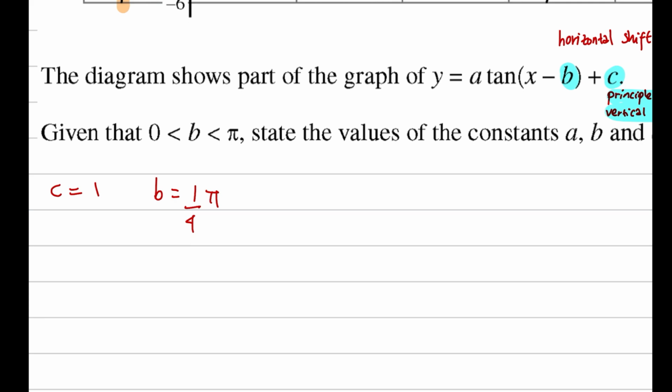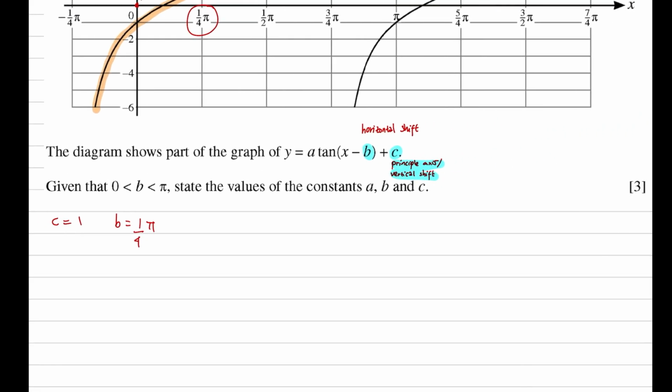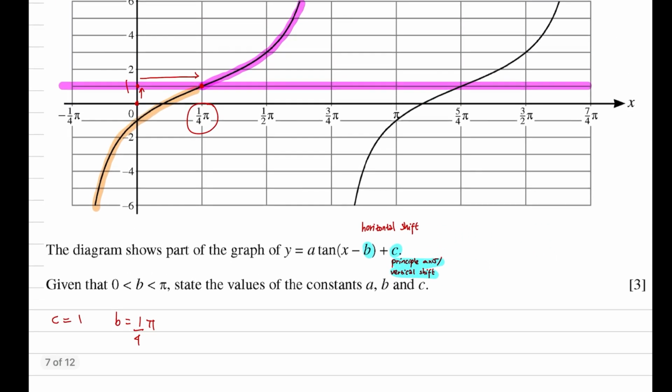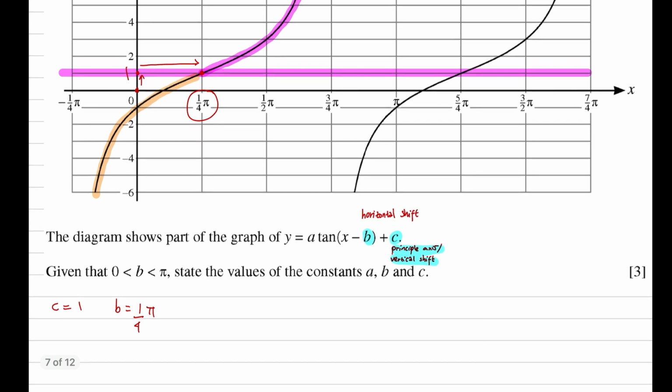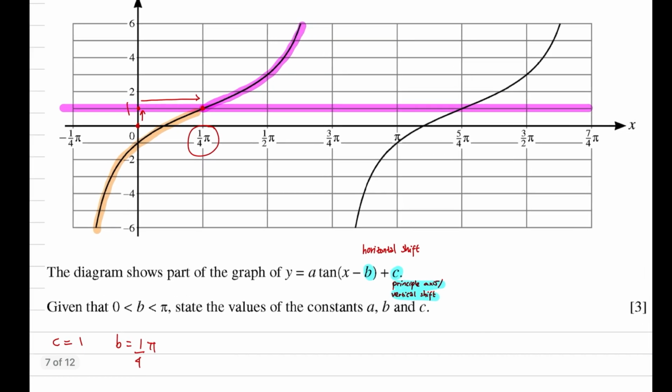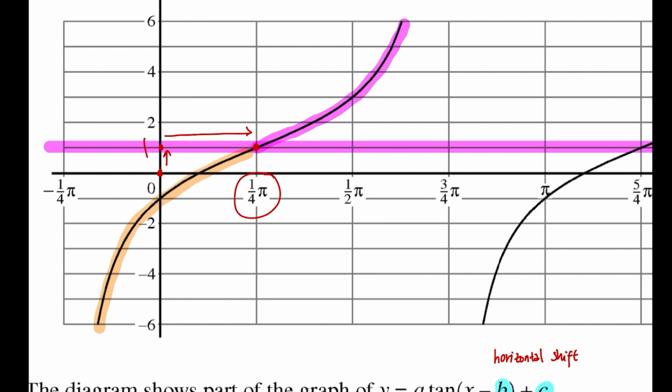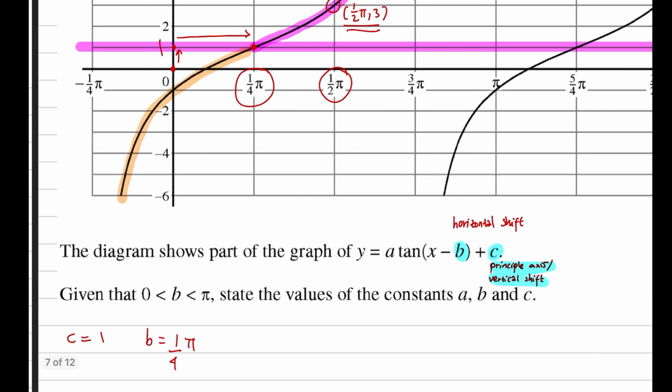Now, to find the value of a, we need to substitute a value. So first we need to choose a good point. Let's say I choose this one, 1 over 2 pi, and this is the coordinate, 1 over 2 pi comma 3. So we can substitute this point to find a.